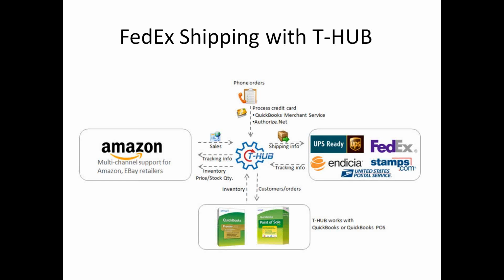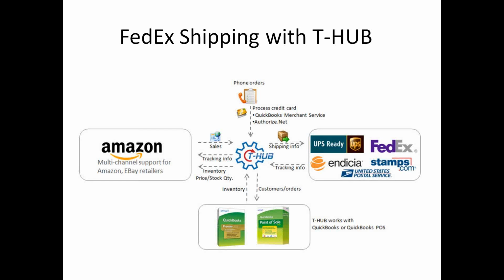Many of you are familiar with this, some of you may not. So T-Hub is a desktop application. We actually have just released an online version as well. You will hear more about that down the road. But for this webinar, T-Hub is a desktop application that brings orders and sales from various online channels.